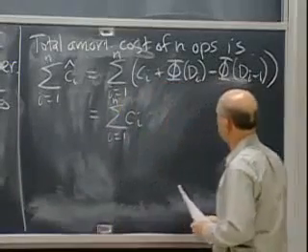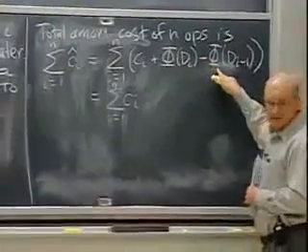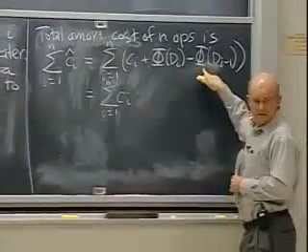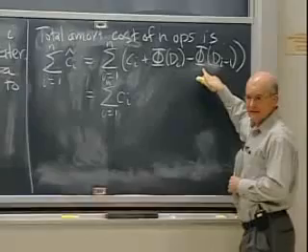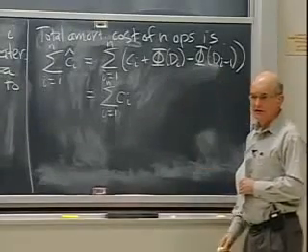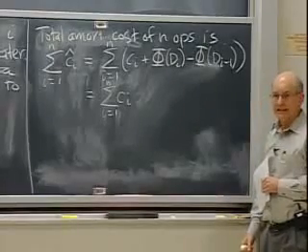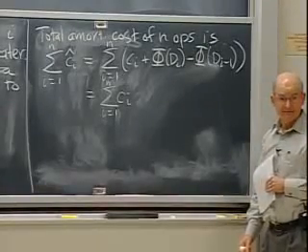ci. And now what happens when I sum up these terms? What's the mathematical term we use for it? Telescopes. Okay?